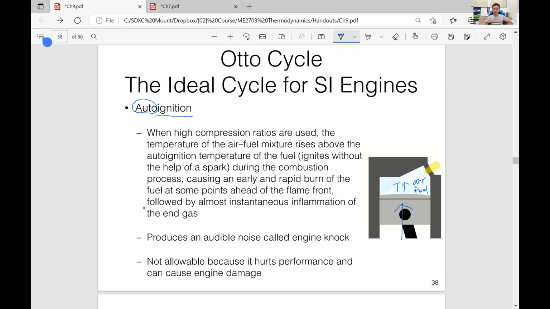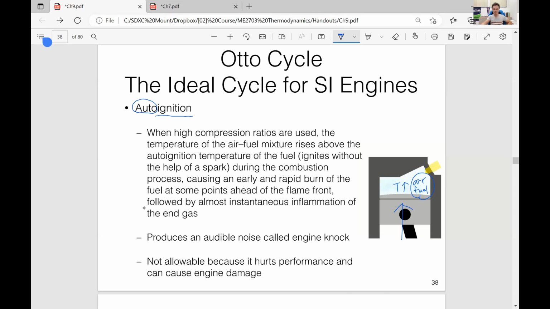So when you compress your system very, very hard, the temperature would eventually be higher than the auto ignition temperature of this air-fuel mixture. That means you don't need to fire the spark plug to ignite the combustion process.